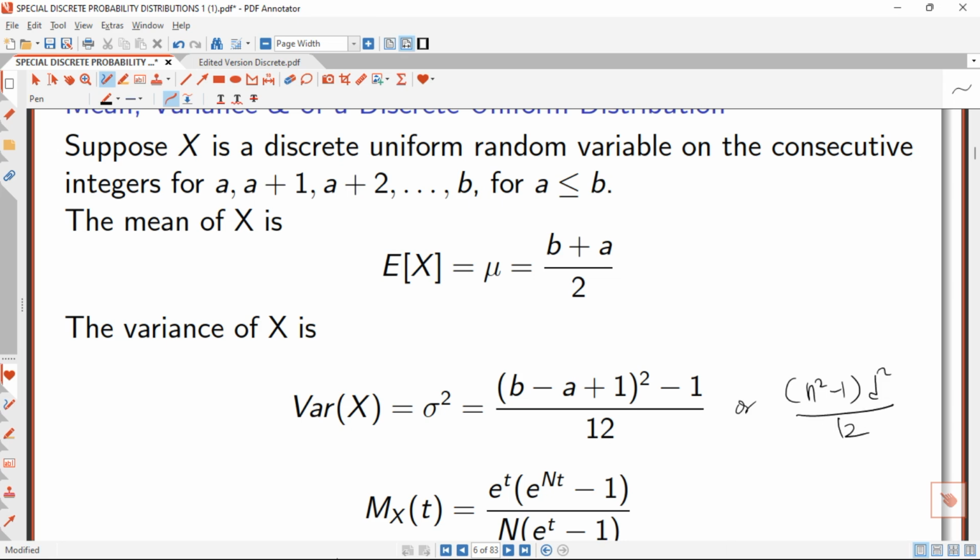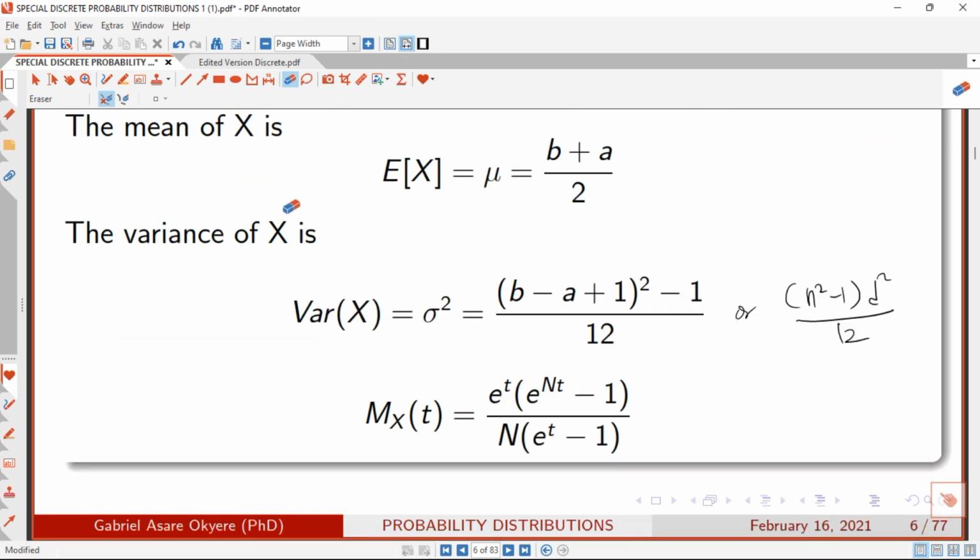This is the formula we are going to use if our observations are not consecutive integers.